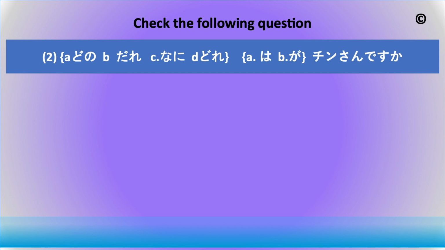Please look at the first bracket. Look at どの. Dono must take a noun. In this sentence, you cannot see a noun after dono. So, dono doesn't fit in this sentence, right?